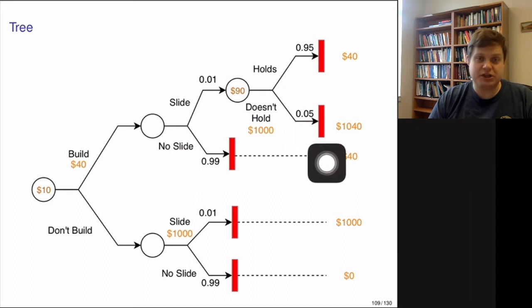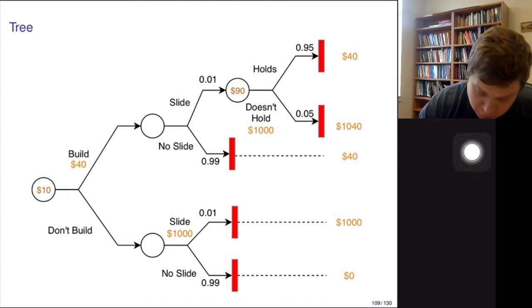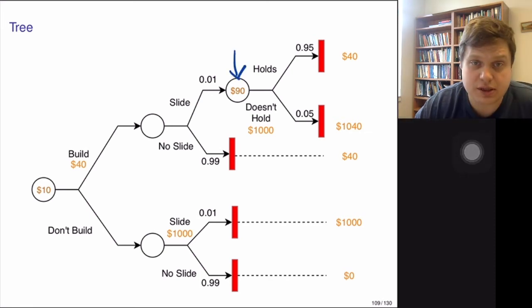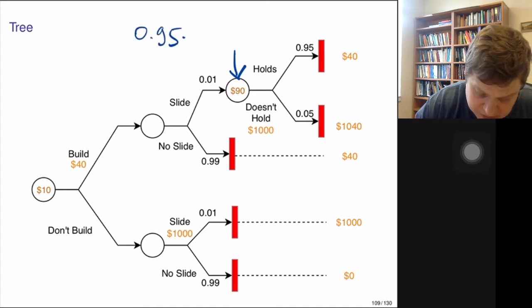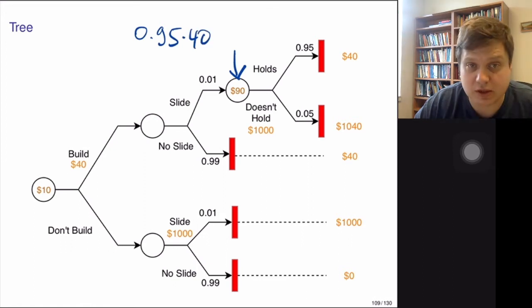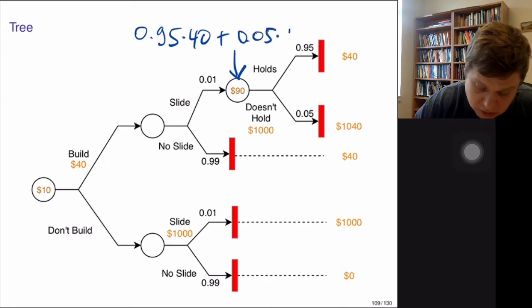Because with a 5% chance, we're actually going to lose 1 million in damage to the house plus the $40,000 that we spent on the wall. So if we calculate the expected cost associated with this branch of the tree, it's going to be: in 95% of the cases $40,000 is the only expense that we have, meaning the wall did work, and in the other 5% of the cases we're actually going to lose $1,040,000.